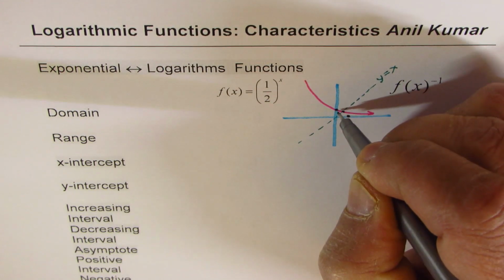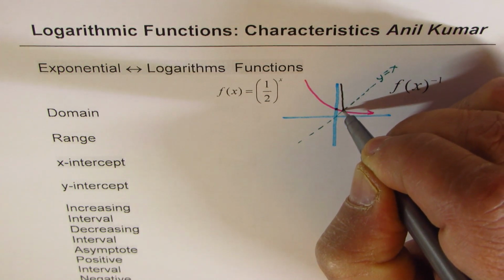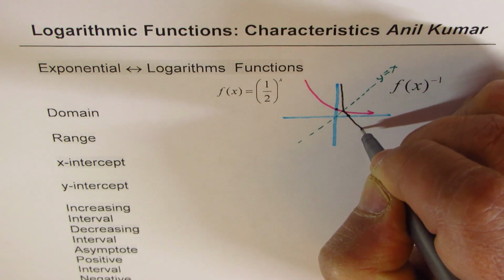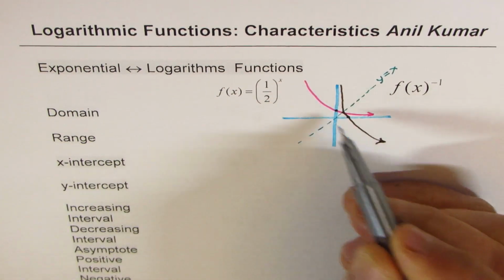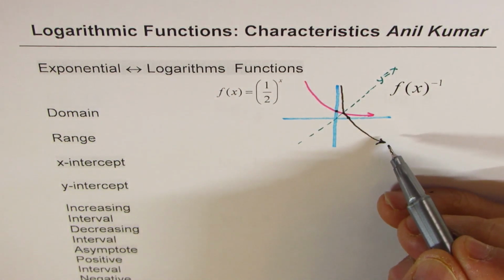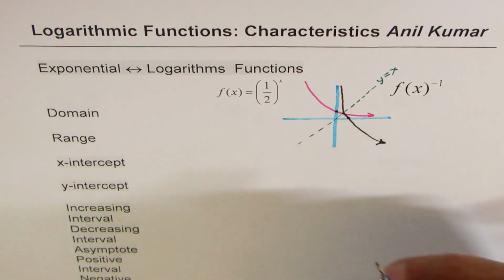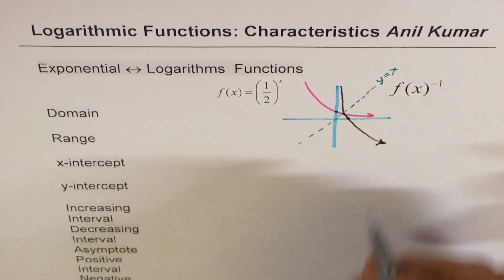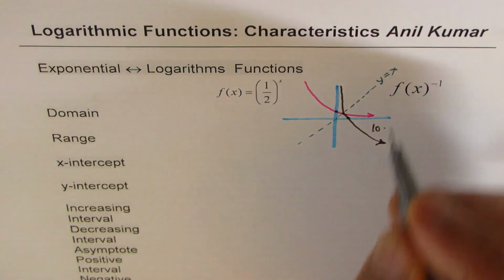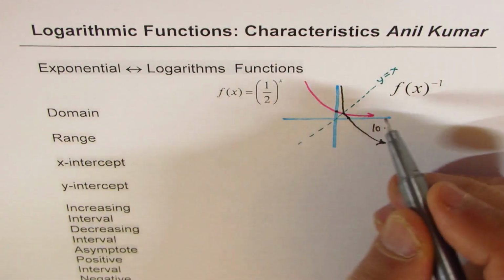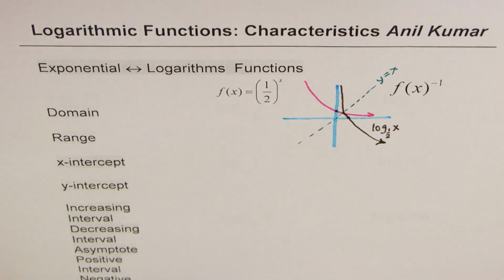All the points will flip, and the graph you will see will be kind of like this, going through the invariant point and coming down like this. Is it okay? If you take some values and draw it on graph paper, you will get a very good result, more or less like this. So what we have here is the graph of the function log to the base half of x, correct?